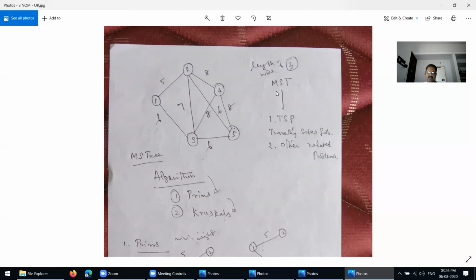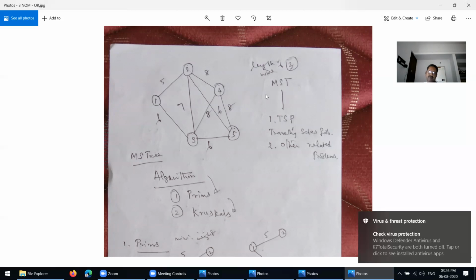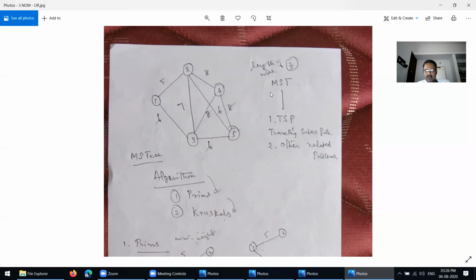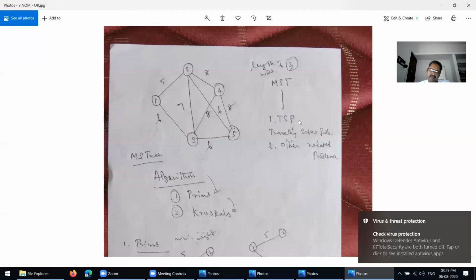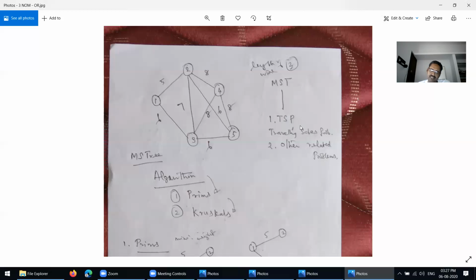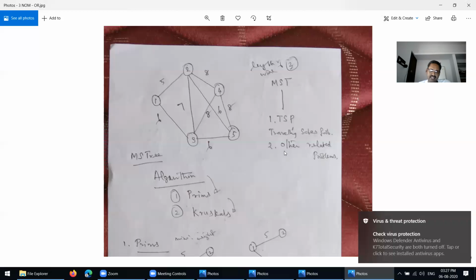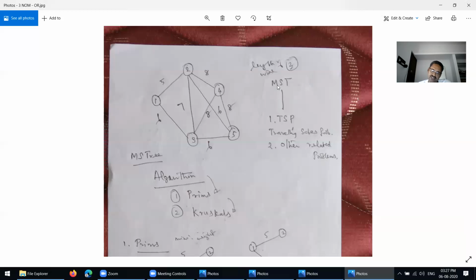Here, the minimum spanning tree problem has 2 types.